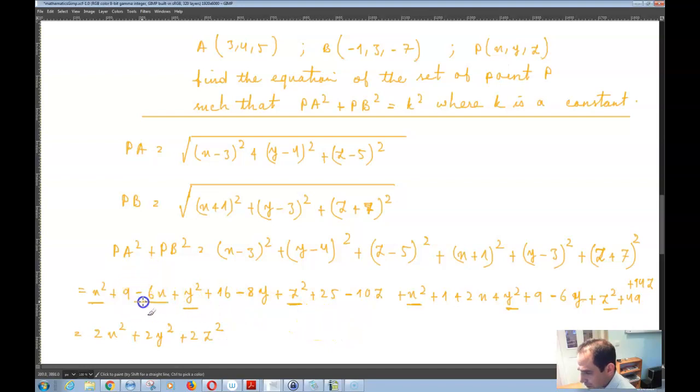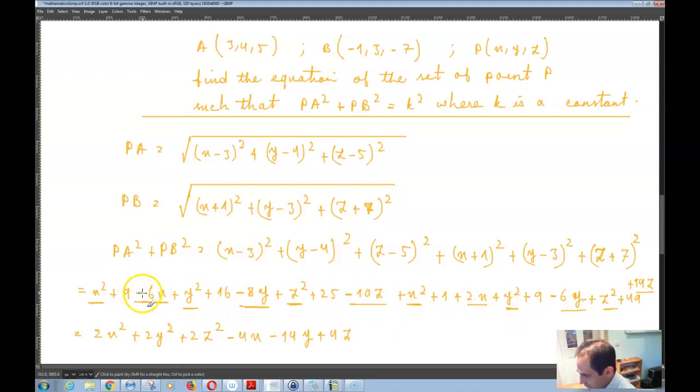Negative 6x plus 2x is equal to negative 4x. Negative 8y minus 6y is negative 14y. Negative 10z plus 14z is equal to positive 4z.